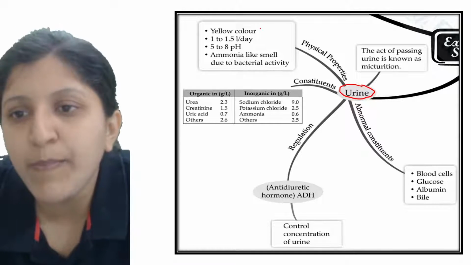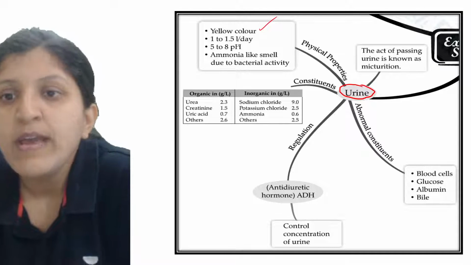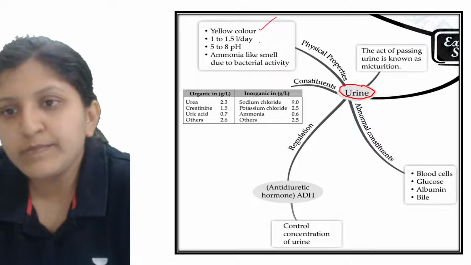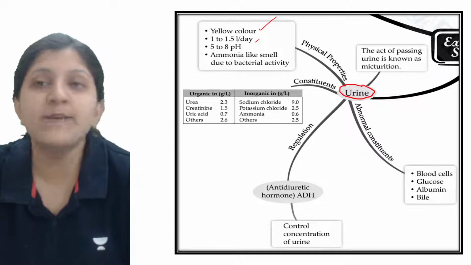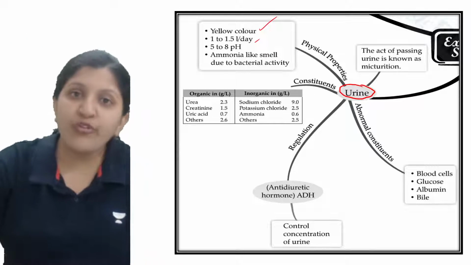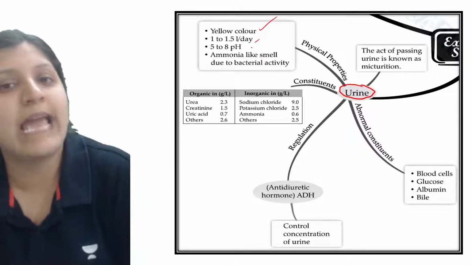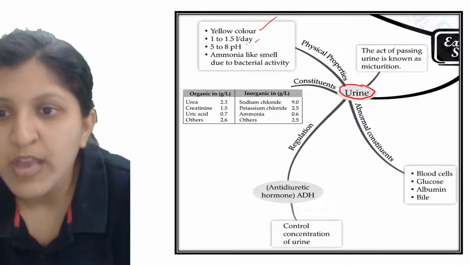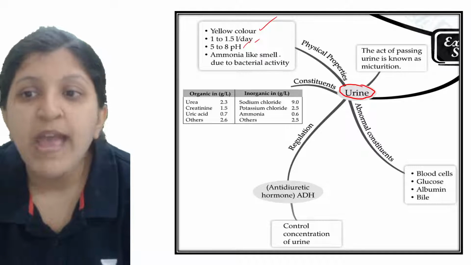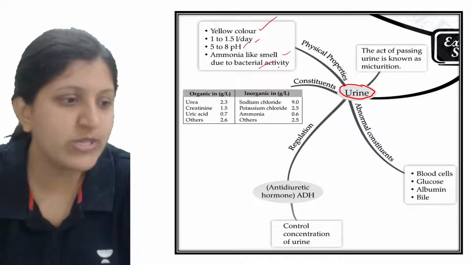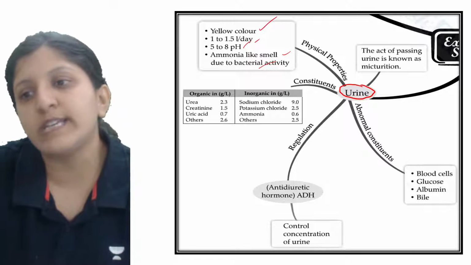It has a yellow coloration, and 1 to 1.5 liters per day are produced, but this depends on the amount of water consumed by your body, so there can be slight variation. The pH is 5 to 8, and there is an ammonia-like smell, which is due to bacterial activity. These are the physical properties associated with urine.